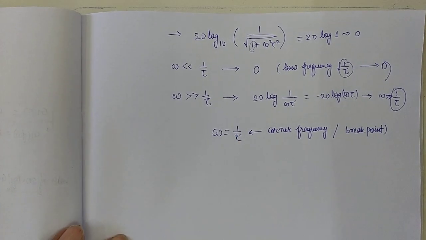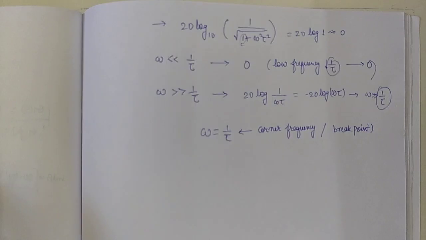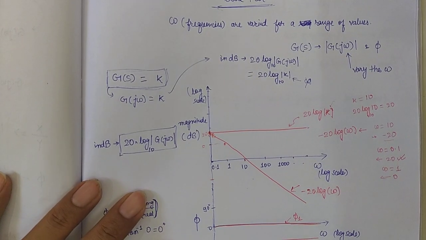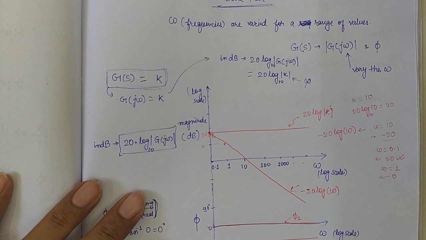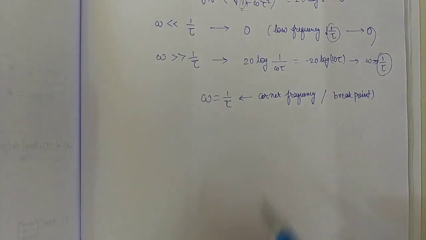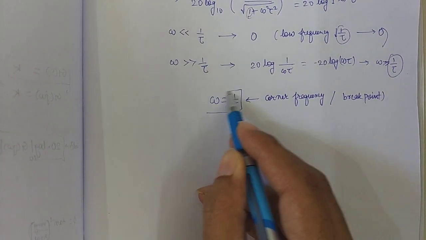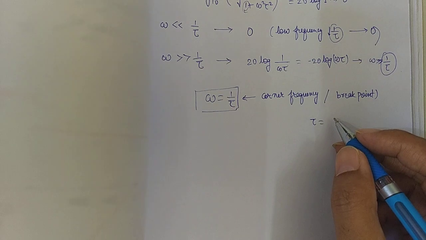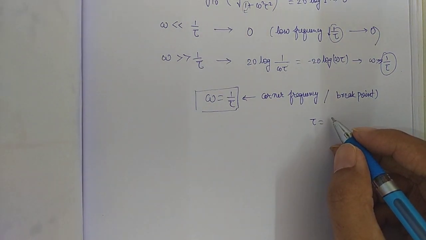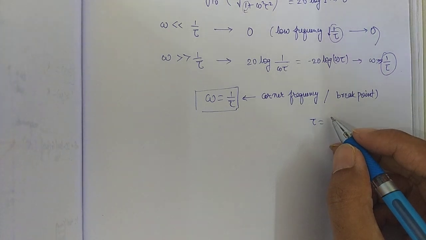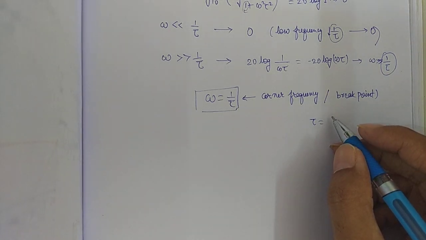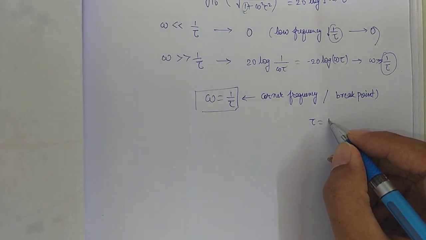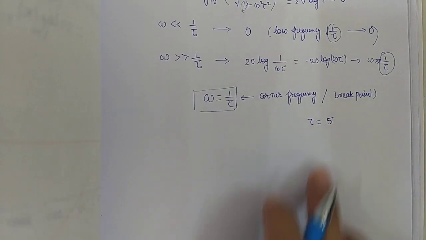So let's put it in here. Till omega is equal to 1 upon tau, let's suppose my tau is some number, let's suppose 5.